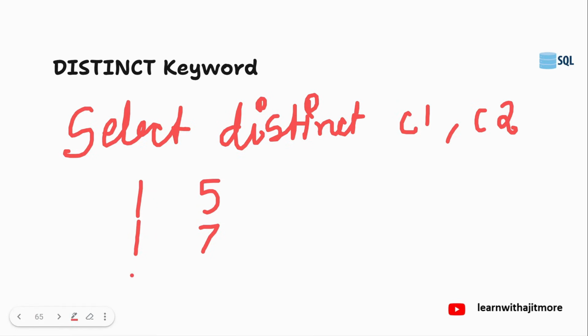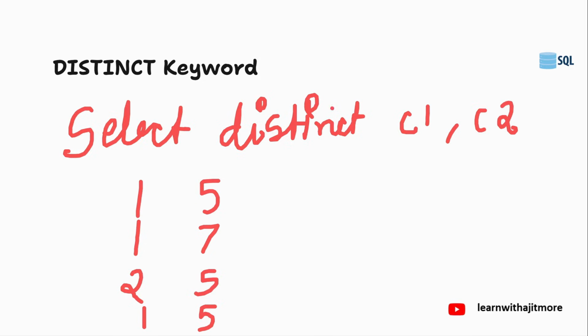1 5, 1 7. Or here you have 2 5. So 5 is repeated but these are different. Still distinct. But if 1 5 comes again, then this is treated once only. 1 5 is appearing one more time, it will be printed once only.